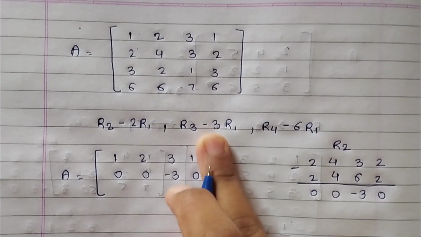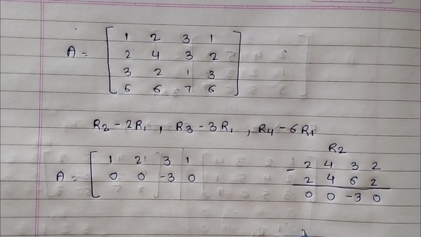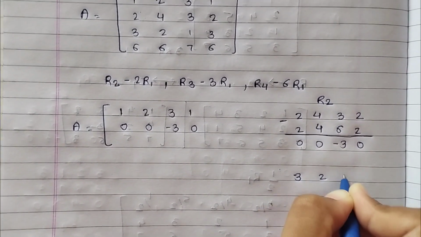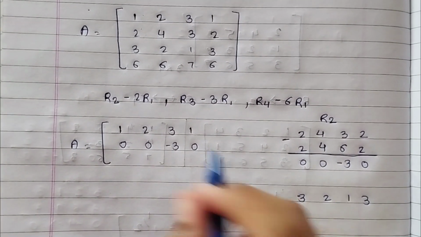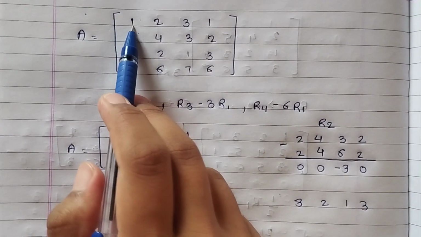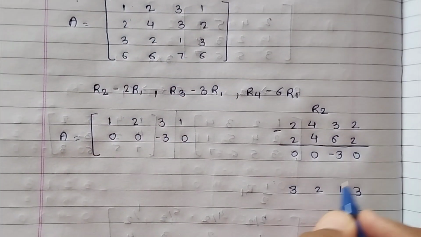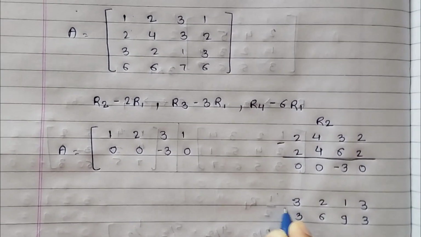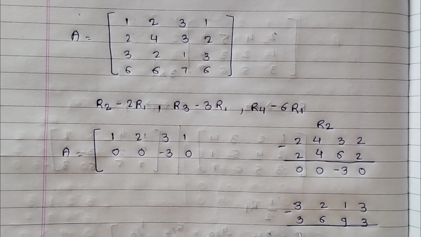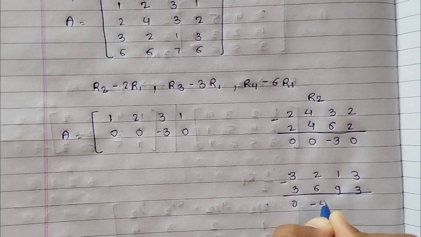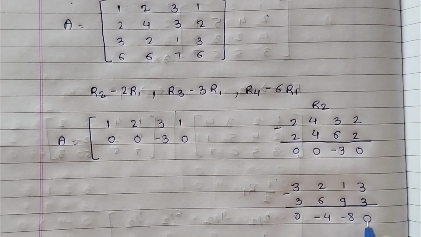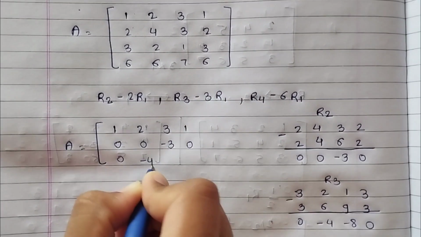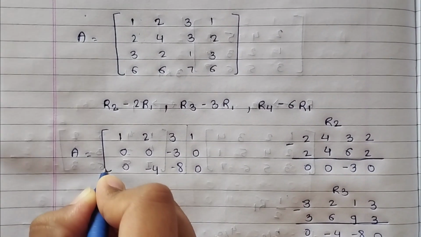For R3 we perform the operation. First write R3 as it is, 3 2 1 3, and multiply R1 with 3, so 3 6 9 3. When we subtract we get the answer 0 minus 4 minus 8 0. So now R3 is 0 minus 4 minus 8 0.